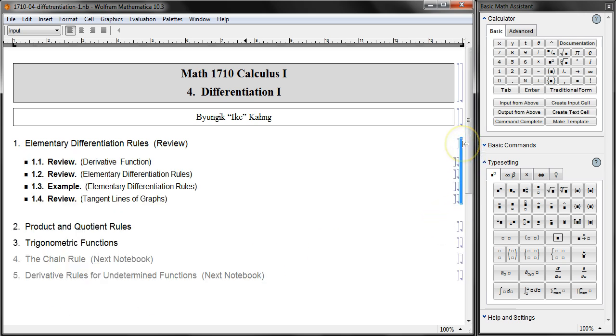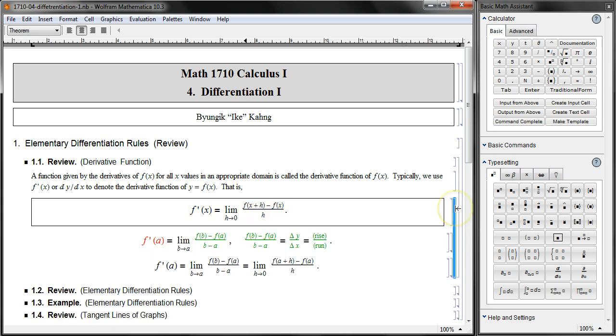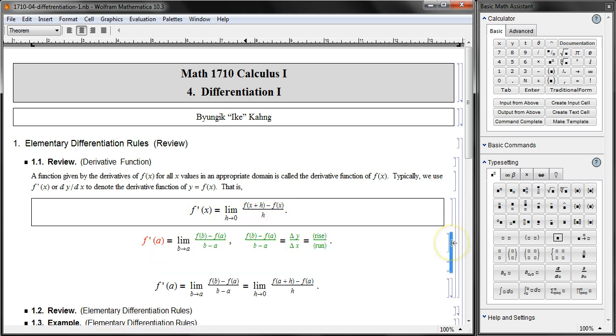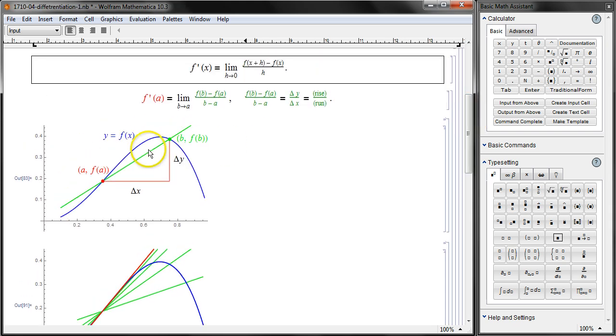Okay, here we go. Let's begin with the definition of the derivative, and this is it. This quantity here is called the Newton quotient, and the limit of the Newton quotient is the derivative. Geometrically speaking, the Newton quotient is basically this. It's rise over run, as you can see here. The difference of y coordinate is the difference of the function value, f of b minus f of a, and the difference of x coordinate is b minus a, and they form rise over run, the slope of the secant line.